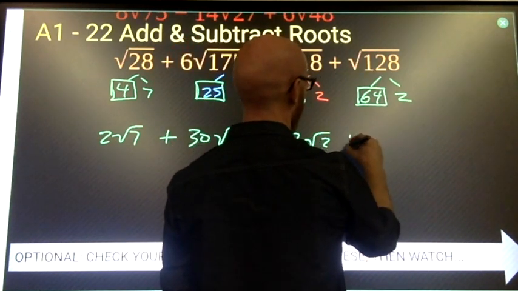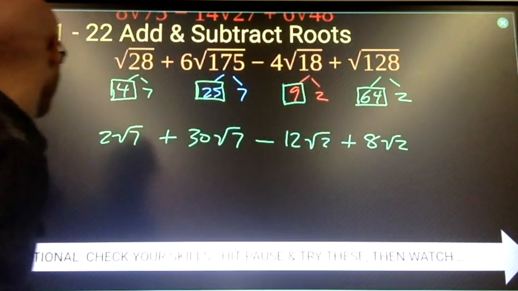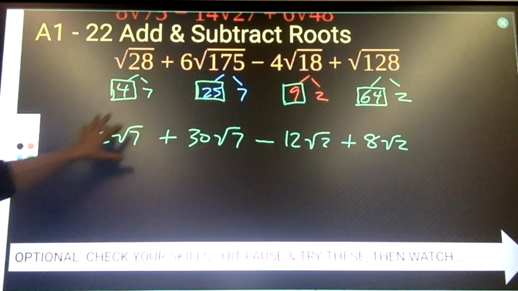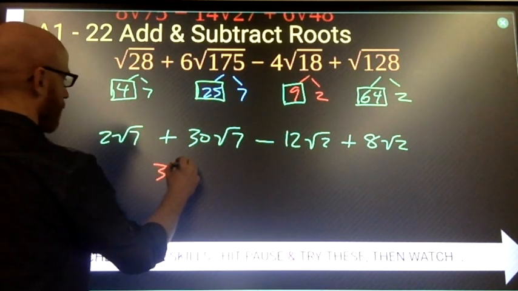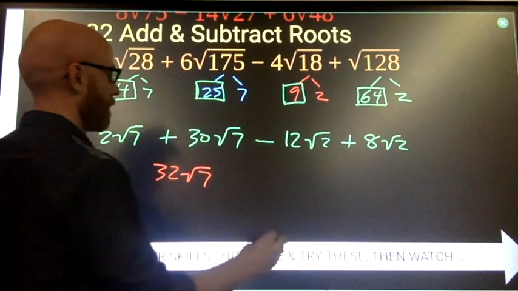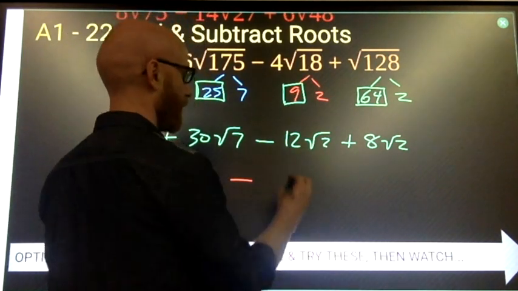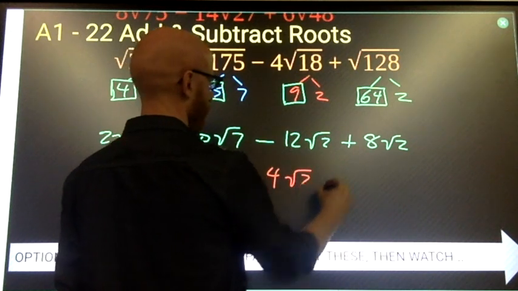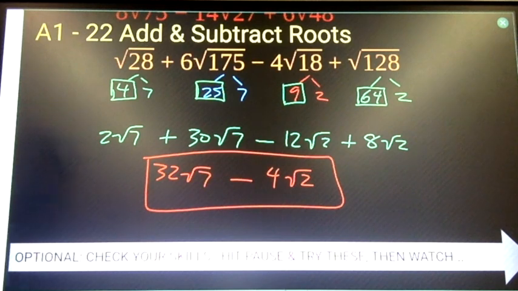And 8 root 2. I'll be able to combine my square root of 7 terms together. 32 root 7 minus, I'll be able to combine my root 2 terms together. 4 root 2. I can't combine each of those with each other though, because the square root parts are different.